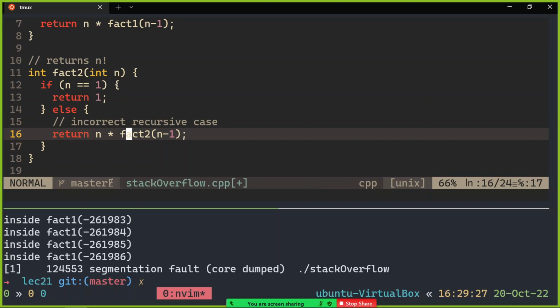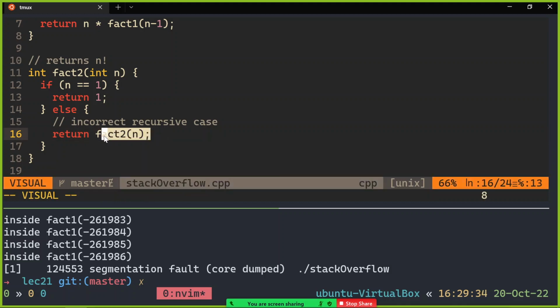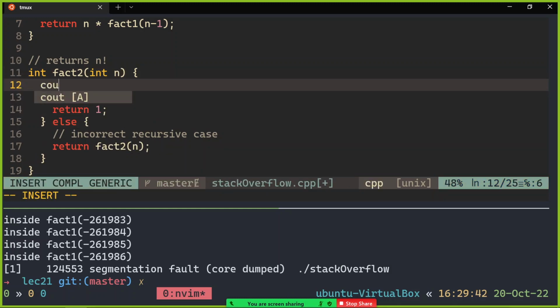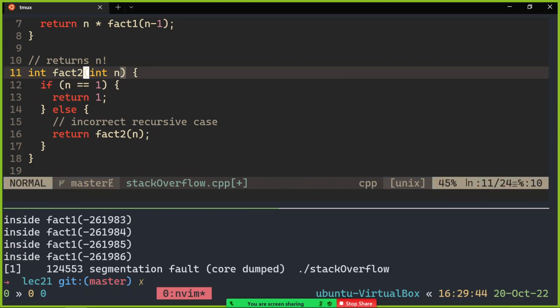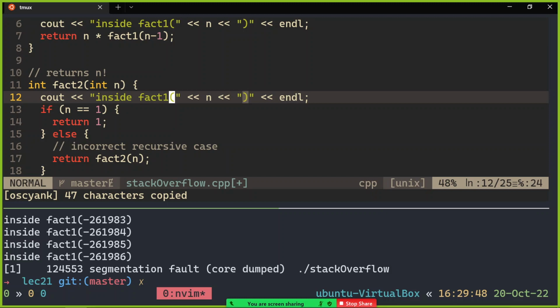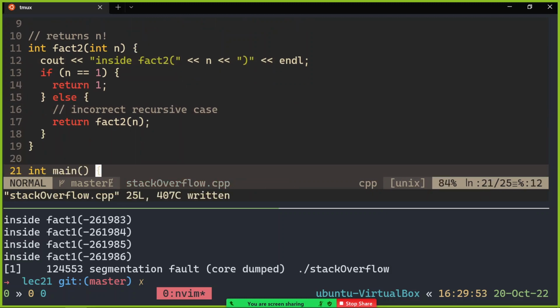What's fact 2 of n? Well, it's just fact 2 of n. So it throws off the same problem to itself again. It'll just keep calling itself with fact 2 of n forever and ever until the end of time. So cout inside fact 2 of n this time. And it'll print out what it's doing, where it is.